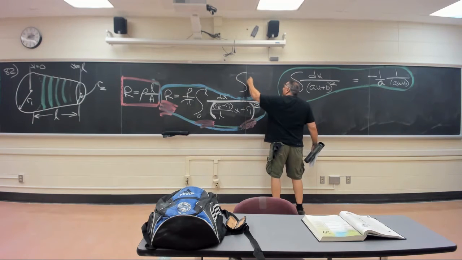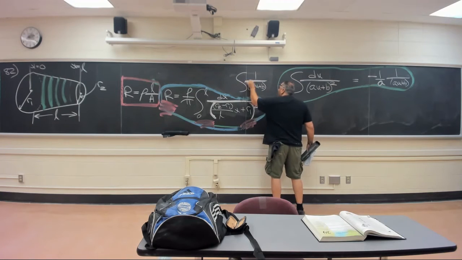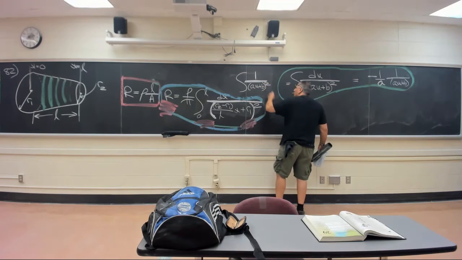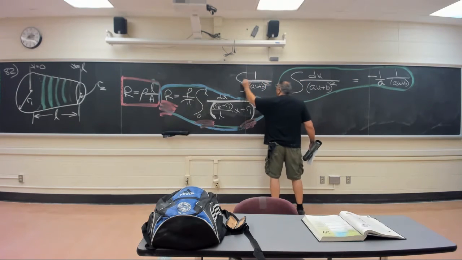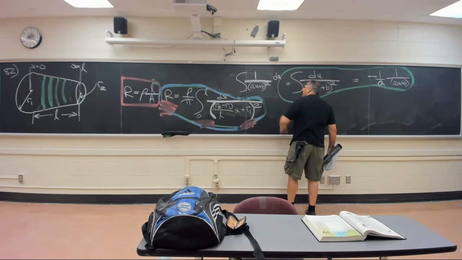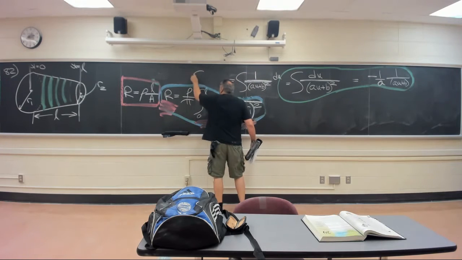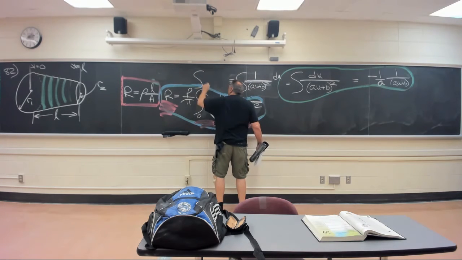Usually just put the du on there, but just to be really explicit about it, you got au plus b, 1 over, all right, put the u like that. Is that the same as this?